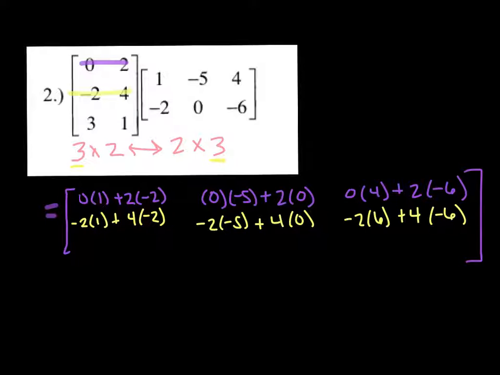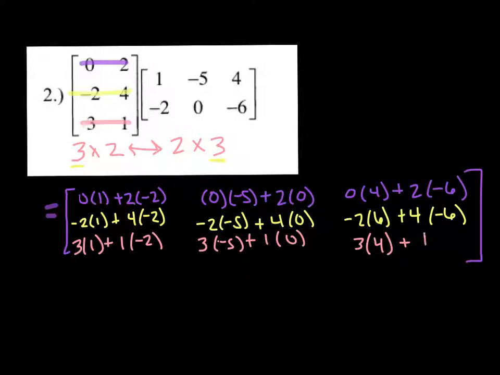And our last row, 3 and 1. 3 times 1 plus 1 times negative 2. 3 times negative 5 plus 1 times 0. And our very last entry will be 3 times 4 plus 1 times negative 6.